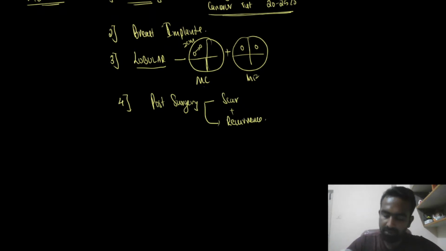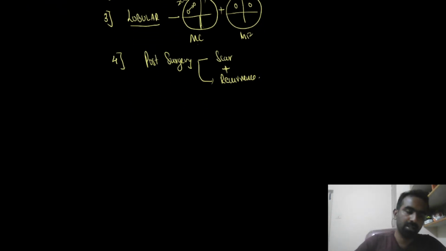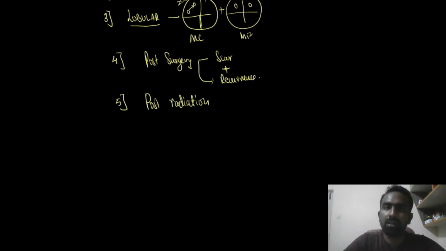To differentiate recurrence from hypertrophic scar or scar tissue, we use magnetic resonance imaging. In case of post-radiation, if the patient has received chest wall radiation and there is a lump in the breast, to differentiate from radiation-induced artifacts, we use MRI.